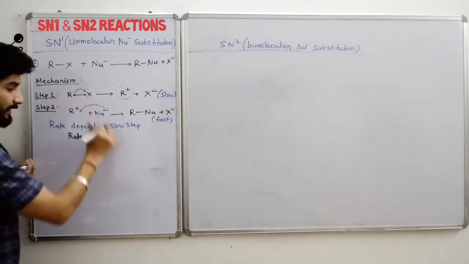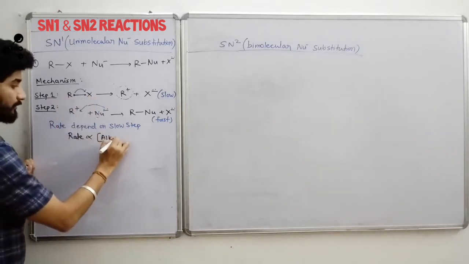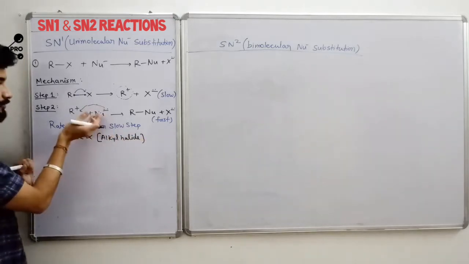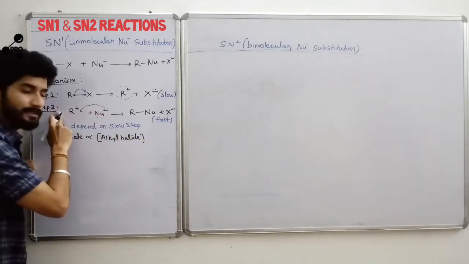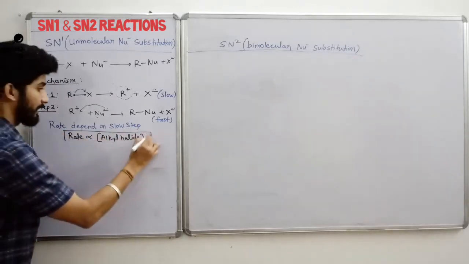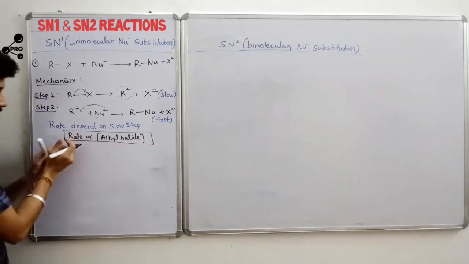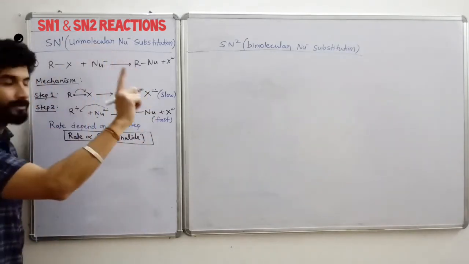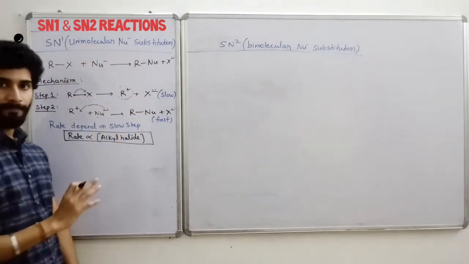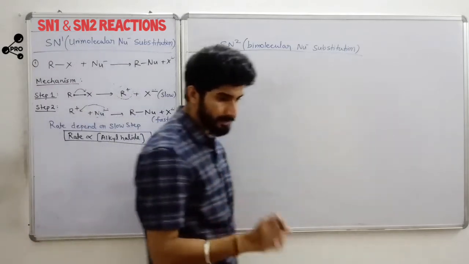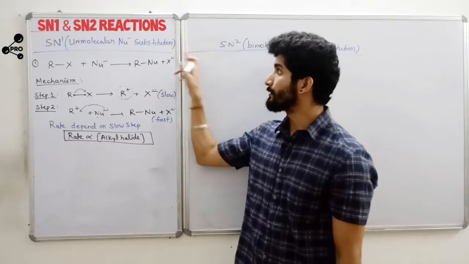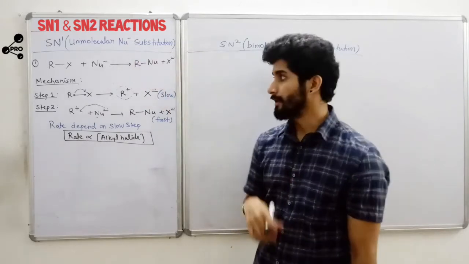The rate depends only on the alkyl halide, not on the nucleophile, because the nucleophile is added in the second step. That's why the rate depends on only one molecule, and that's why this reaction is known as unimolecular nucleophilic substitution. Clear?